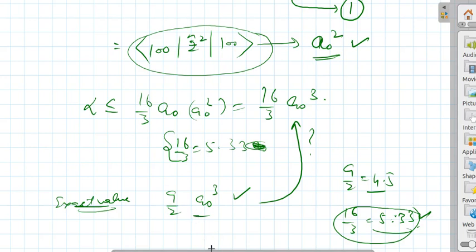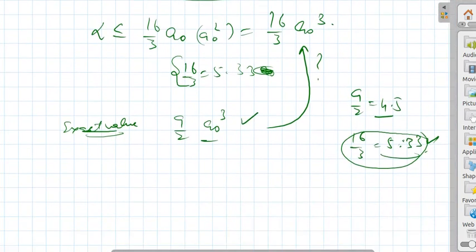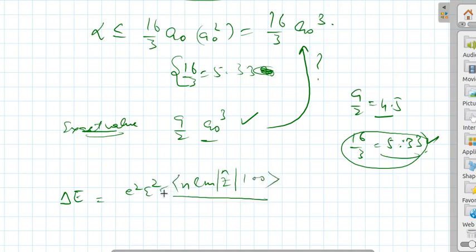So the energy shift can also be calculated from here. This energy shift is basically E square epsilon square, NLM Z 100 squared, over this.